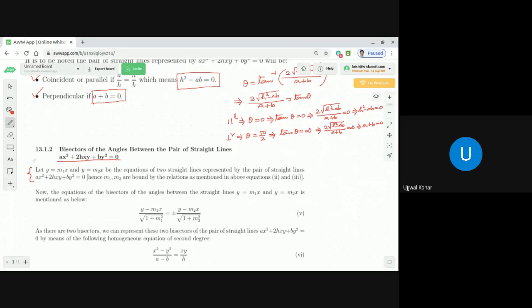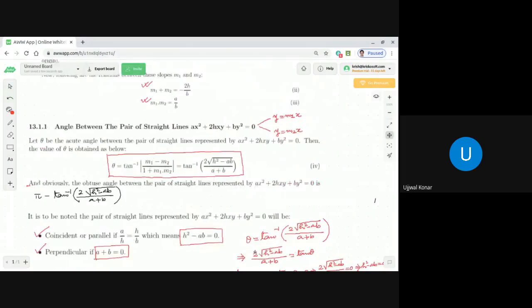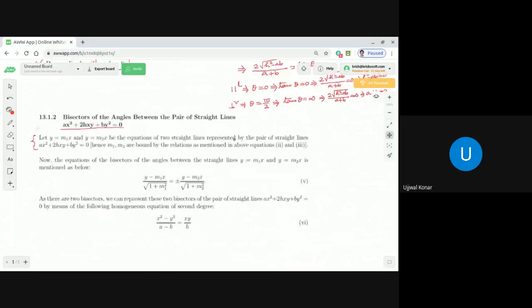Hence, m1 and m2 are bound by the relationship, as you see in the two above equations: m1 plus m2 is equal to minus 2h by b, and m1 into m2 is equal to a by b. Right?